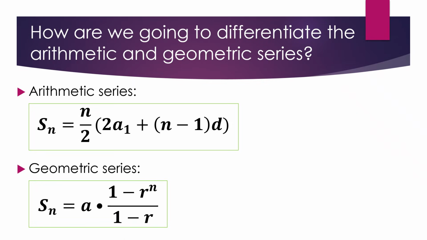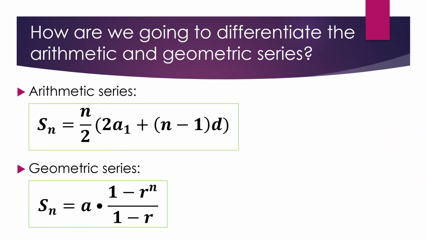And for a geometric series, we're going to use the finite formula: sum is equal to the first term times 1 minus the common ratio raised to n, over 1 minus the common ratio.